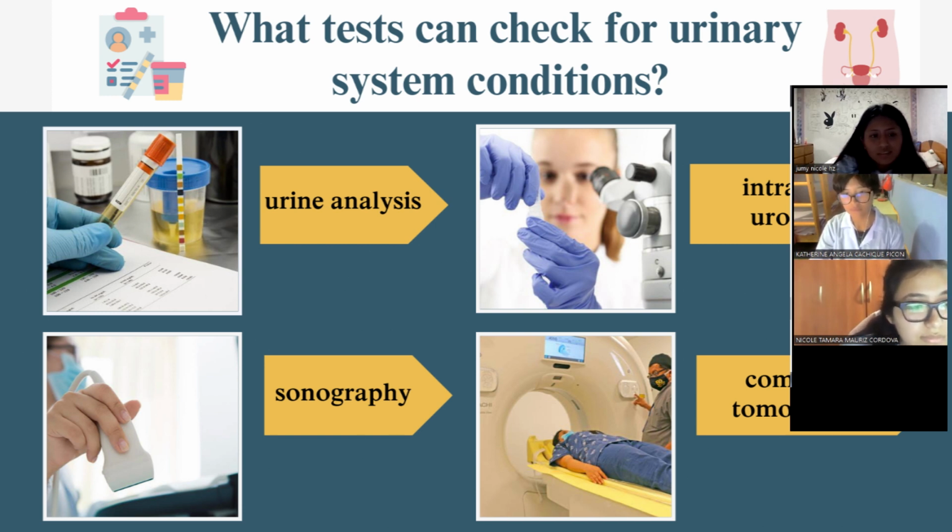Sonography, this test is used for creating images of the urinary system. Intravenous urography, this test uses an injection to obtain detailed images. Computed tomography, this test uses X-rays to create detailed images of the urinary system. Next.